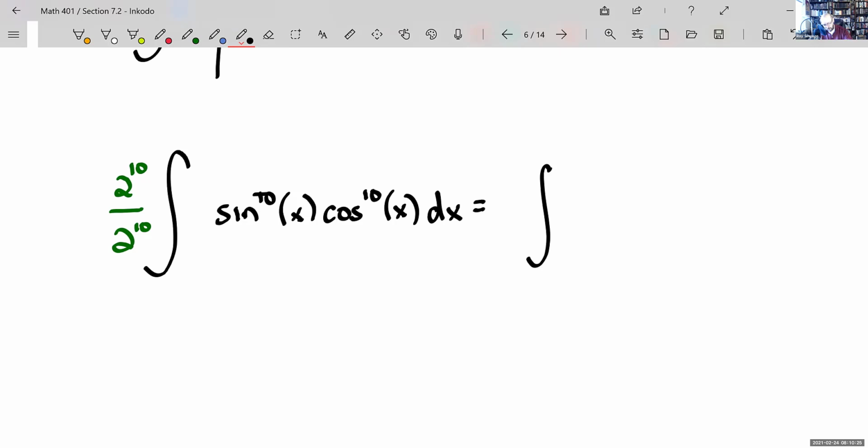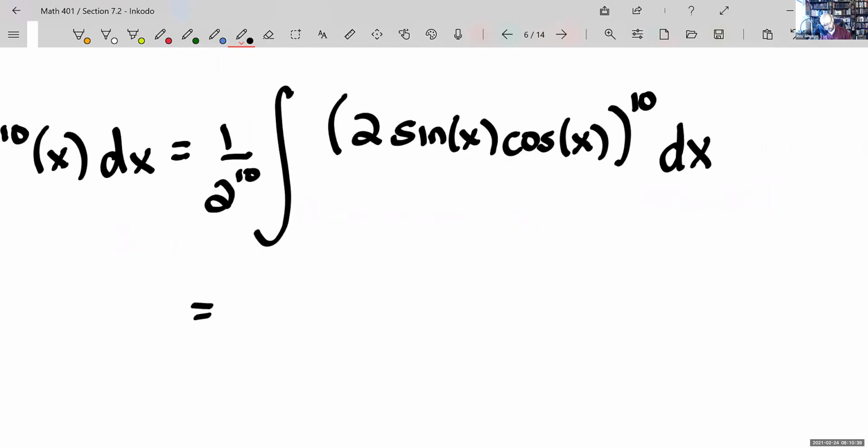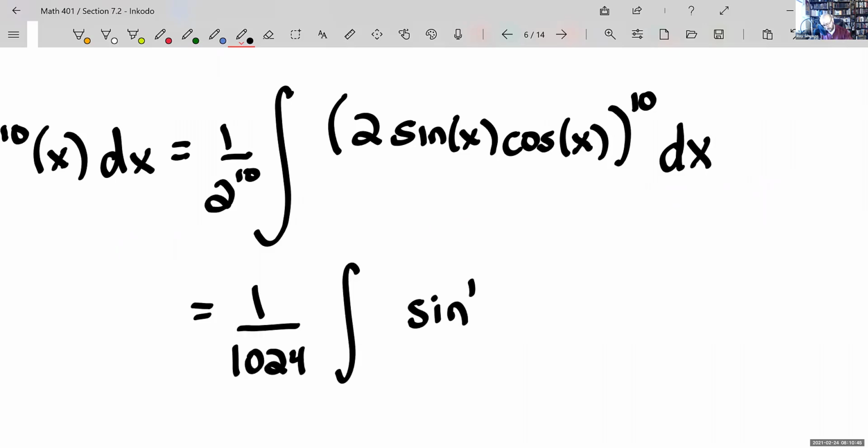But you'll have the integral of 2 sine of x cosine of x to the 10th dx. And that is a trig identity. That's the sine of the double angle. That's going to be 1 over 1024 integral sine to the 10th power of 2x. And at least that reduces the complexity of the problem.